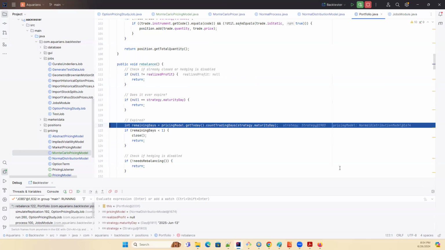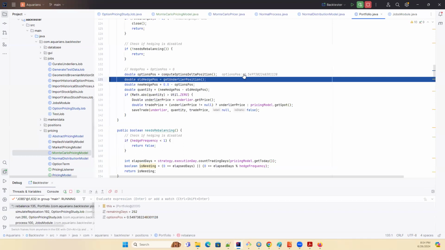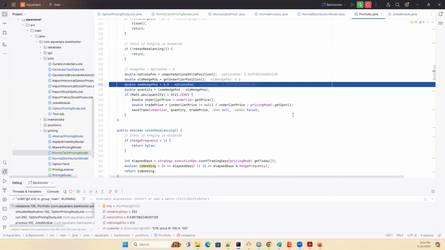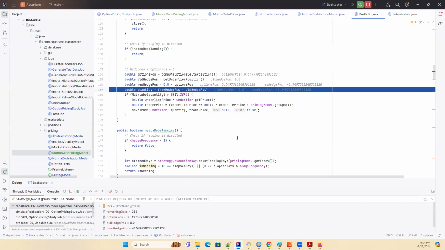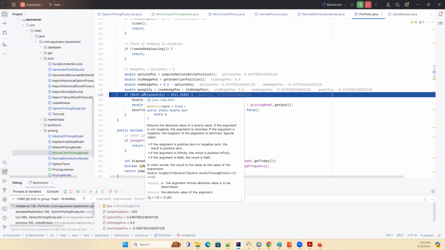So, we need to rebalance. We calculate our delta, which is 0.5. Which means that we must have 0.5 contracts of the stock. So what's our current position in the stock? It's 0. And we need to sell.